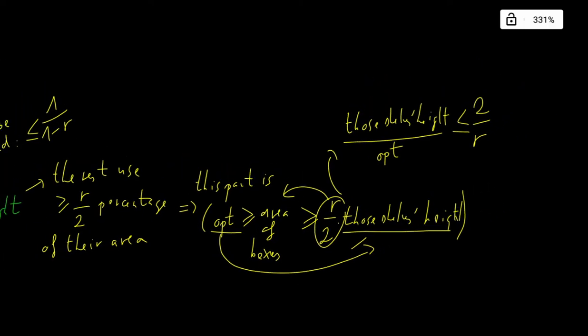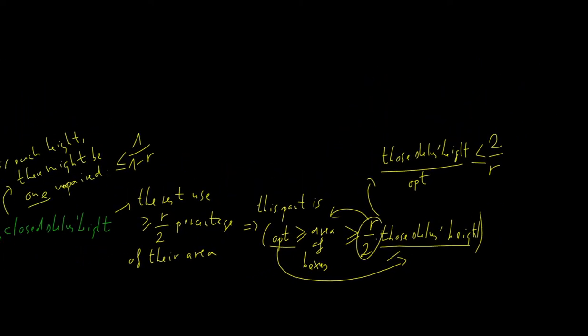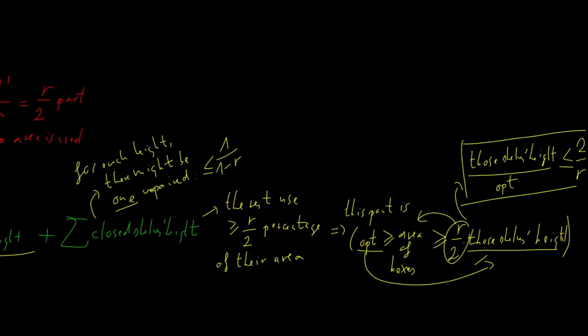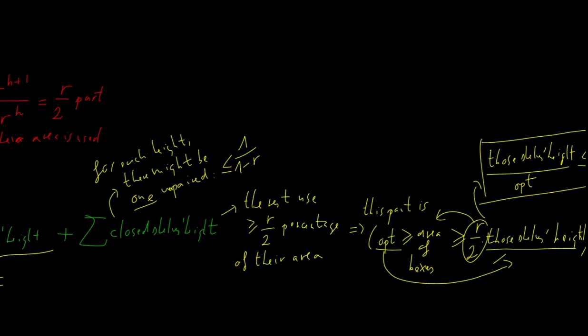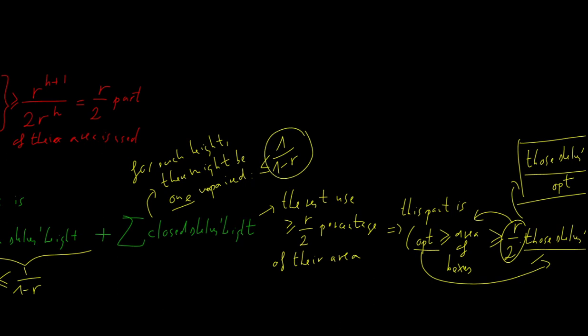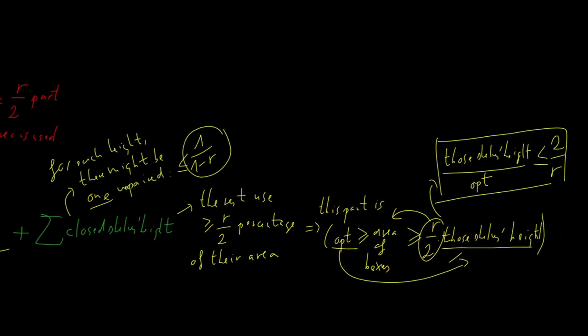Now this again means that we have a ratio of those shelves which is not exactly the algorithm's cost, but there is only a constant of 2 over 1 minus r, which can be the difference of the actual output of the algorithm and the paired closed shelves total height.